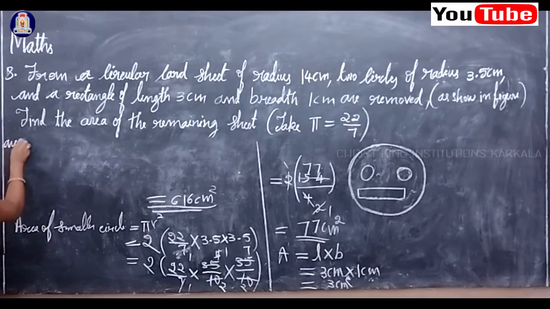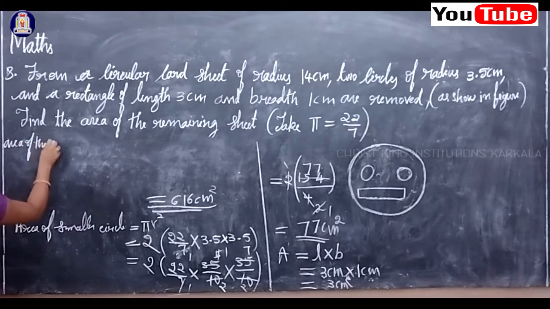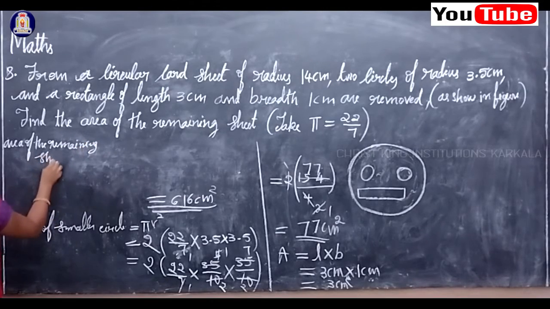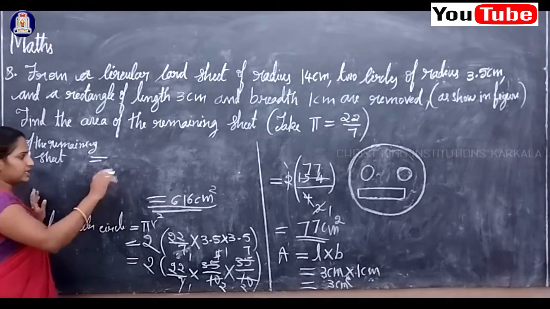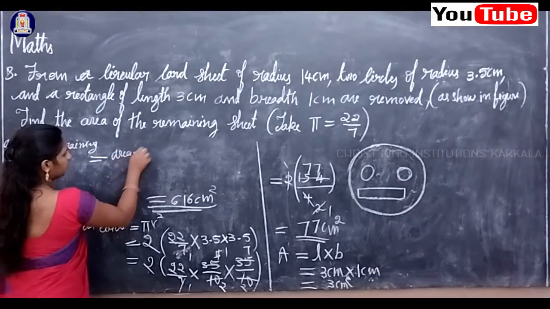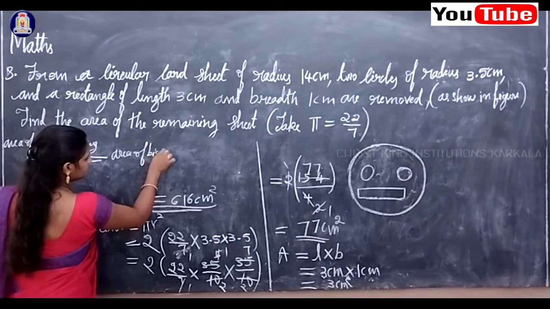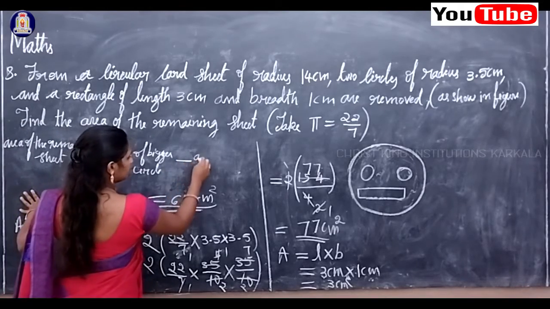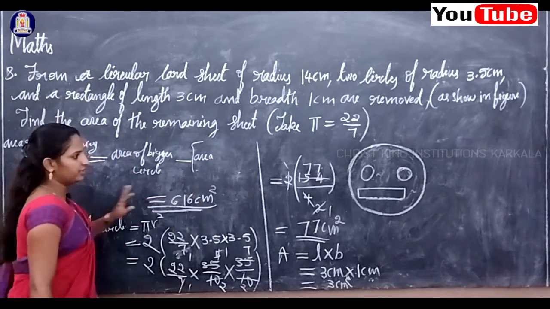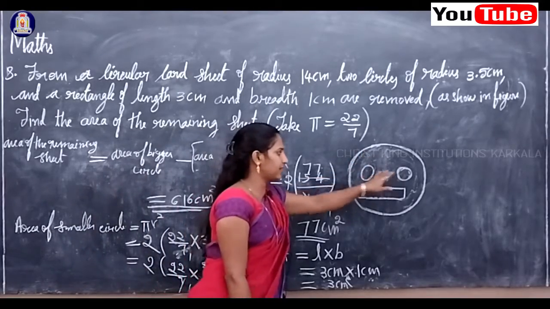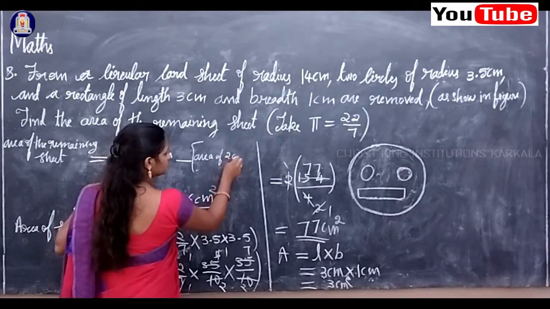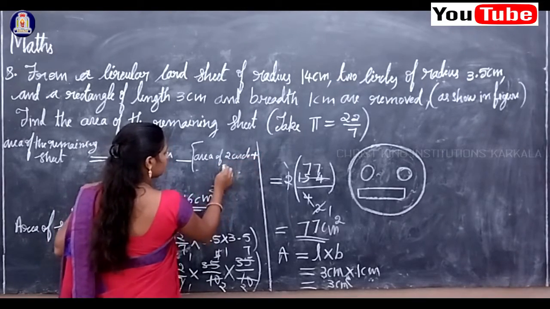So the area of the remaining sheet is equal to, what we have to do, from the large circle, the area of the bigger circle, minus the area of two smaller circles plus one rectangle.